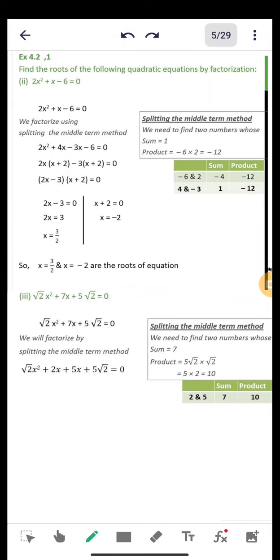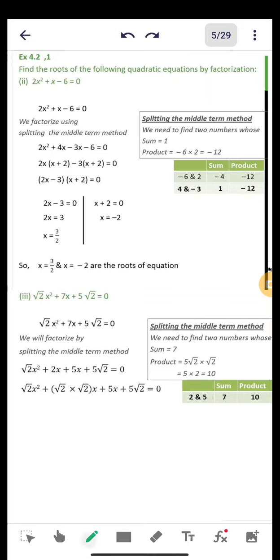Root 2 can be written as root 2 into root 2. Keep this in mind: any number, if I have 2, I can write it as root 2 into root 2. What is root 2 into root 2? That is root 4, it's again 2 only. So there is nothing wrong if I write 2 as root 2 into root 2, so that I can take root 2 common from here.